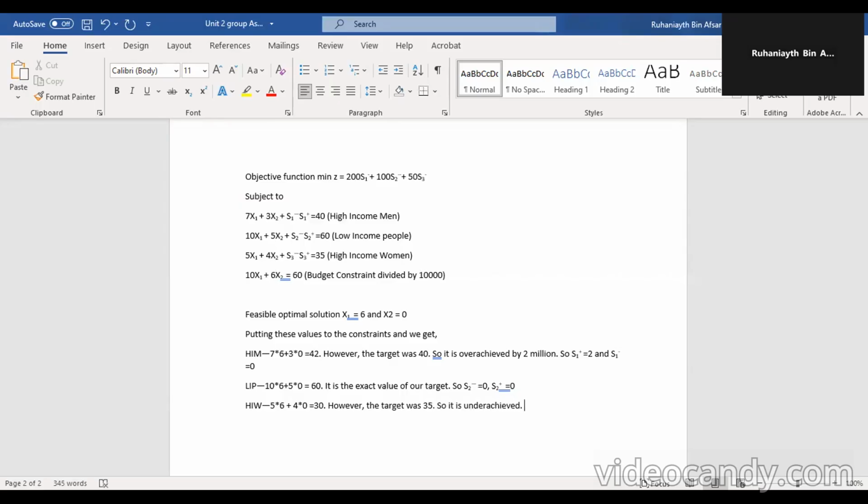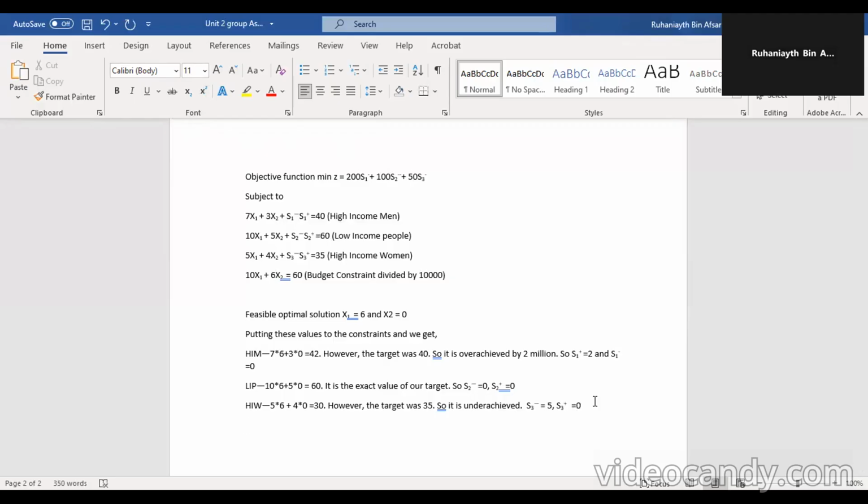So we can say that it's not optimal, but we can write the values of the deviations: as it is underachieved, the value of s3 negative is 5 and s3 positive is 0.